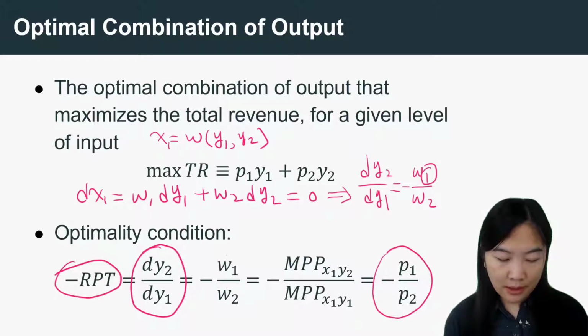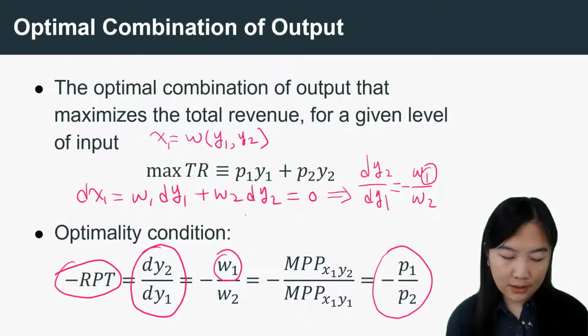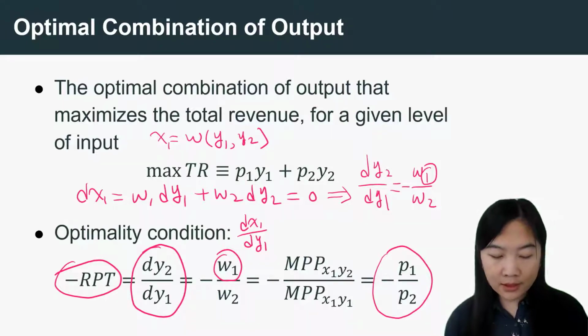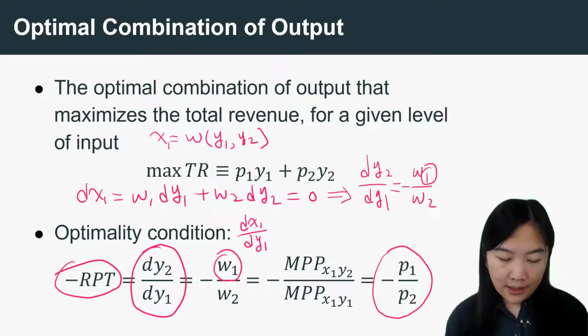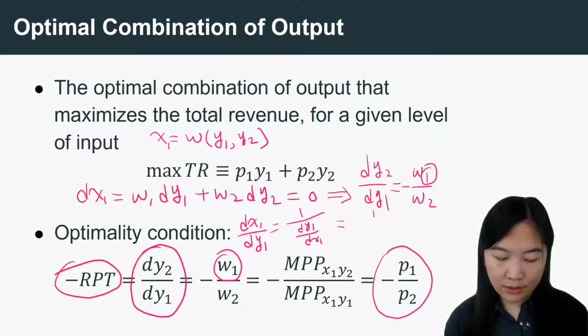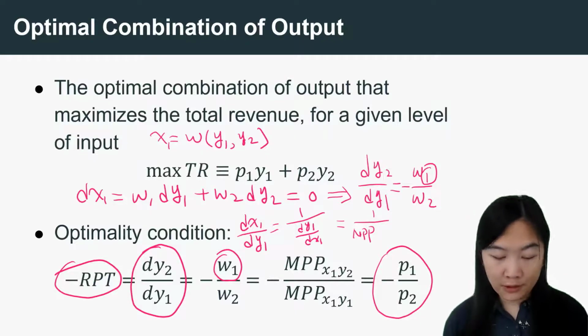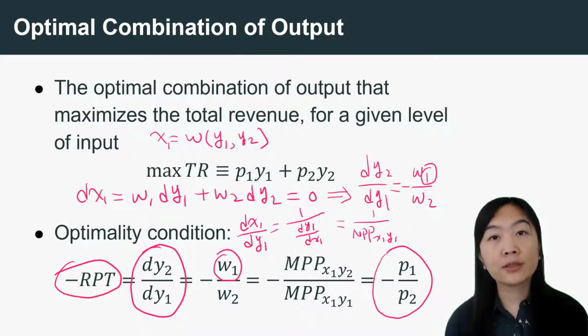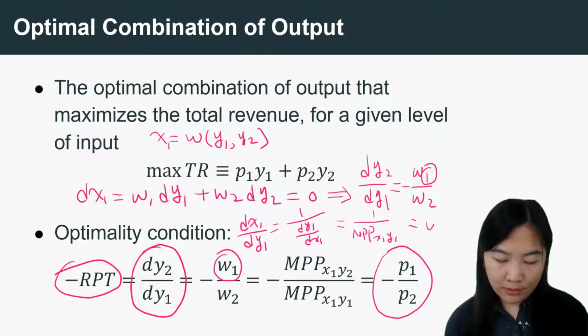Again, this W1 is dx1 over dy1. As we mentioned last time, this is equal to 1 over dy1 over dx1. And dy1 over dx1, we know that is MPP, the marginal physical product of x1 for y1.